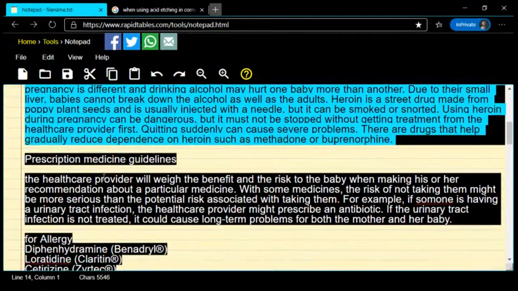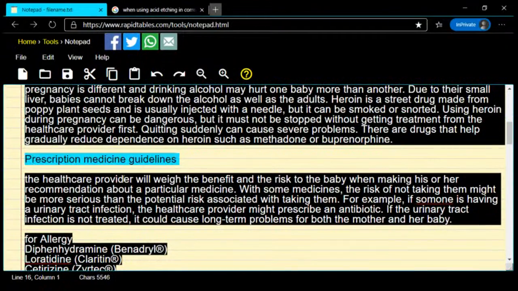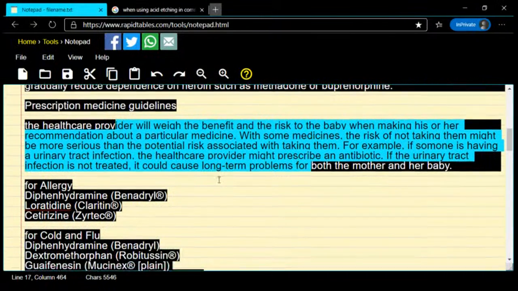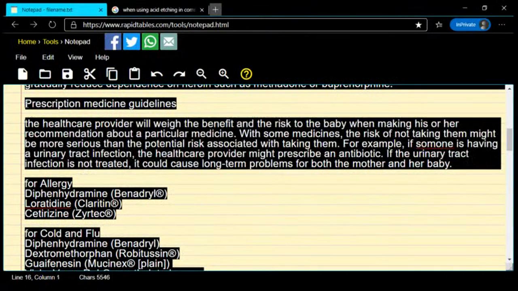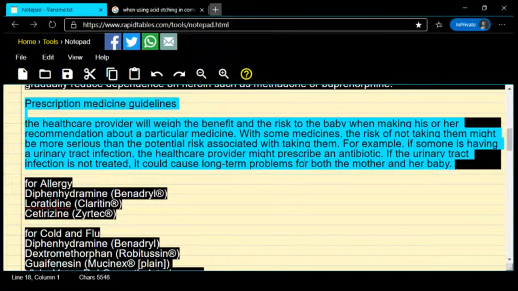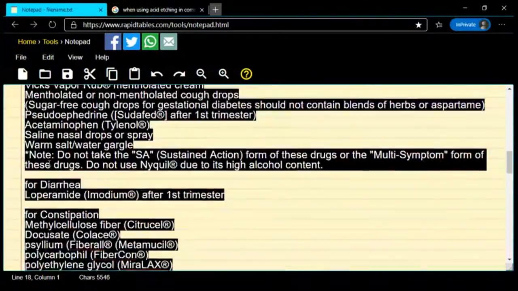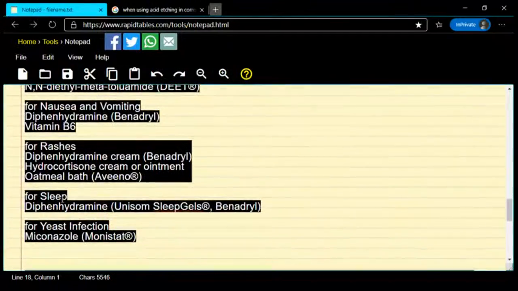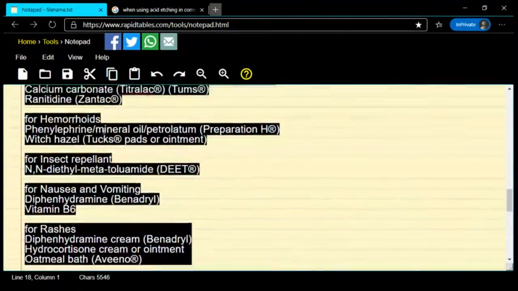Then we have the prescription medical drugs and healthcare guidelines. I guess we should write this. And lastly, we write the prescription drugs for allergy, diarrhea, and yeasts.